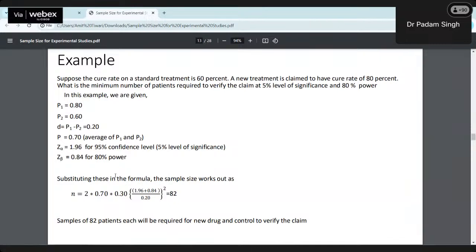Please put all these values in the formula: 2 into PQ, 0.70 into 0.30, and Z alpha plus Z beta by D whole square. The value you get is 82. So if we have to do an RCT, the minimum sample size, you need 82 participants each in the experimental group and in the control group to verify this claim. Is that okay? Simple.